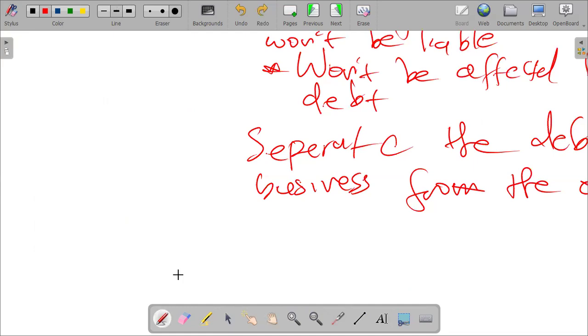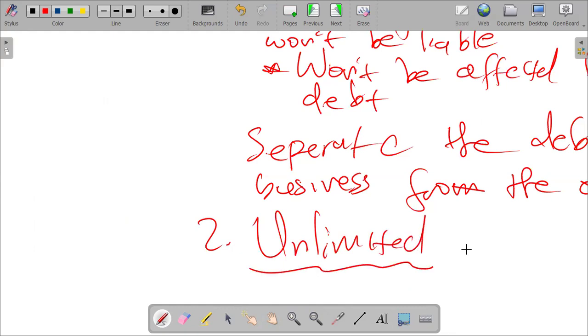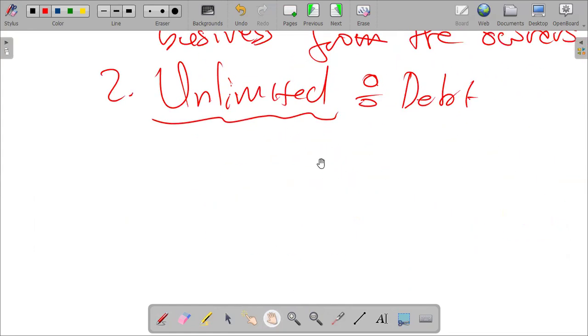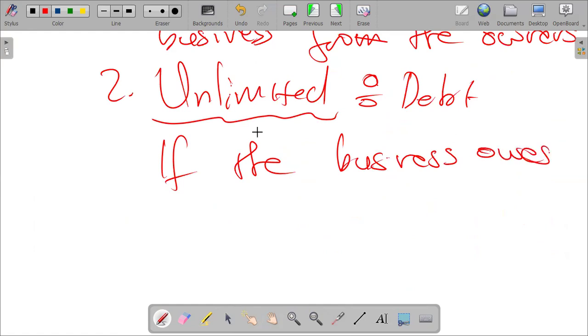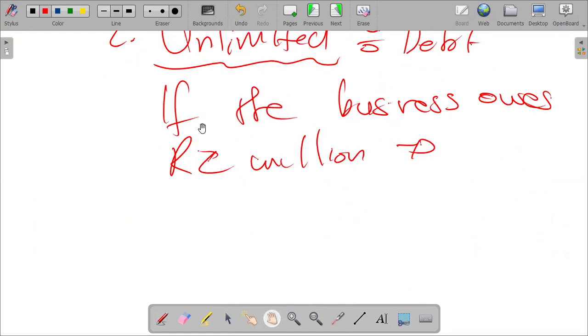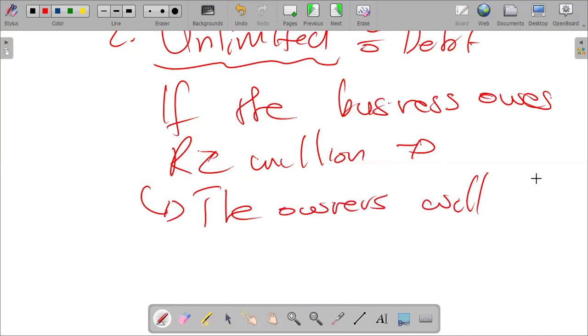And then the second one, we have unlimited liability. Now, this means that if the business owes 2 million, all right, and it happens that the business cannot pay this 2 million, the owners will be liable for the debt.